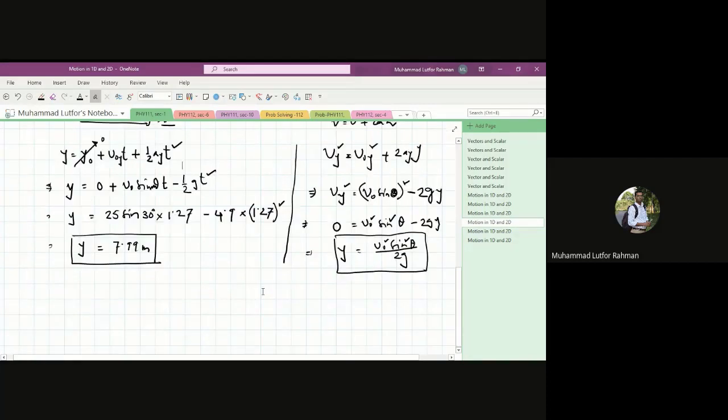So you'll find the same value. If you put that thing over there, you can check that.